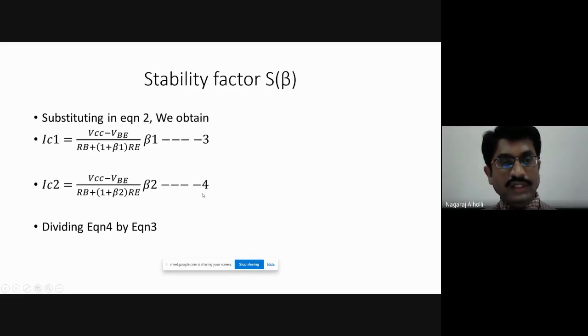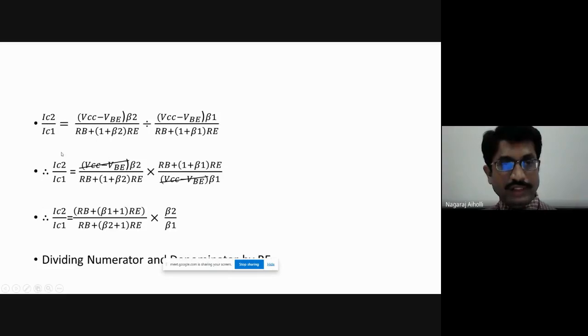Okay, so we got them as equation 3 and equation 4. Now what we have to do is divide equation 4 by equation 3. The same procedure that we have done for the fixed bias circuit. The procedure remains the same. So divide equation 4 by equation 3. When we divide equation 4 by equation 3, on the LHS I get IC2 by IC1, right?